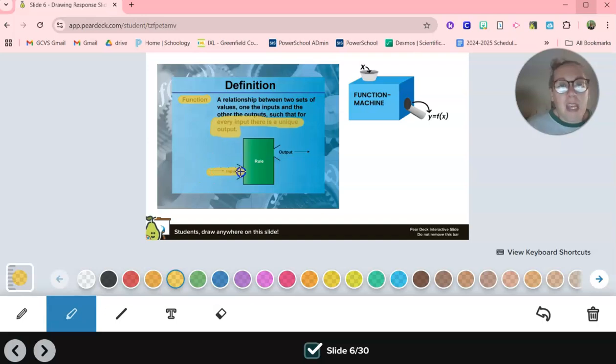So if we put something into the function rule, like 2x plus 3 or 5 times x, whatever the rule is, we know what our output is going to be, and there's one output. We plug in an x, it multiplies, adds, subtracts, it does those operations, and we get out a y. There's this flow that we have here with a function, right? We know we'll plug something in, we'll get one specific answer out.